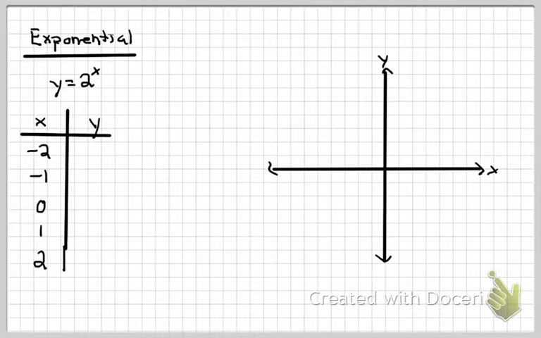So now we will look at our exponential function. With our exponential function, it's when we have our x as our exponent, hence exponential. So we have y equals 2 to the power of x, which is our base function. So now we can go ahead and fill in our table of values.